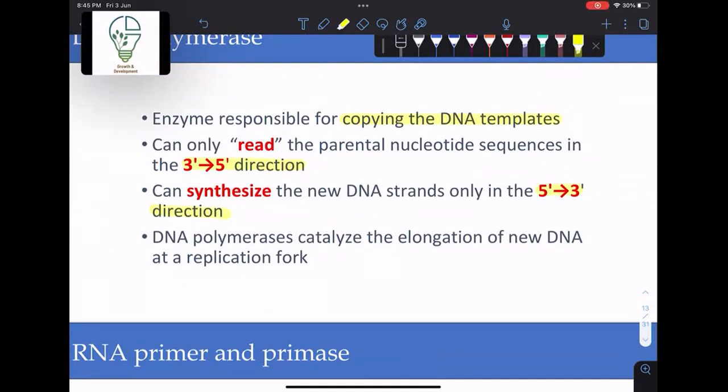It builds the new DNA. So 2 jobs of DNA polymerase, not only reading, but also synthesizing, okay? It reads from the 3 to 5 direction and builds from the 5 to 3 direction, the opposite direction. That's why the DNA molecules are opposite to each other. They are complementary. They are the exact opposite of each other.